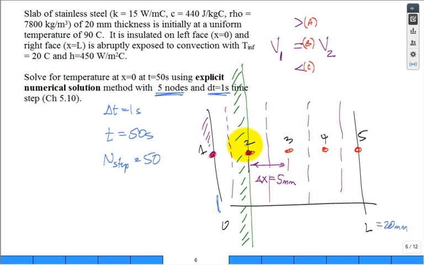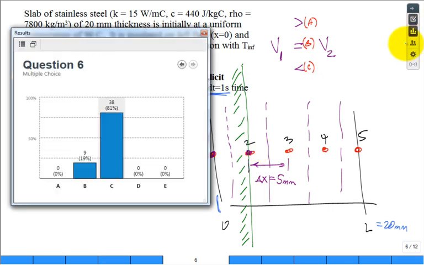Now, if that's true, what happened to the volume associated with node 2? It got cut in half. Didn't it get cut in half? Yes. So let's grade this. They are not the same, and the volume of 1 is less than the volume of 2 because it's half of the volume of 2.